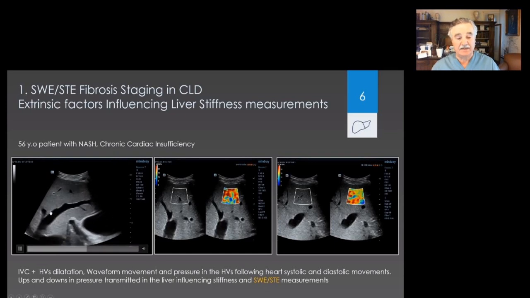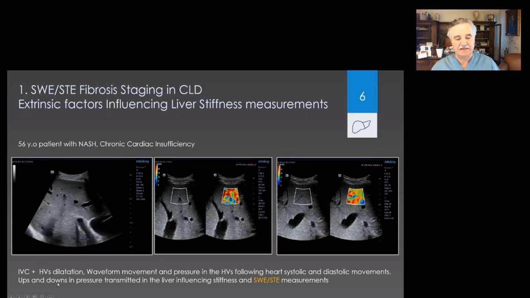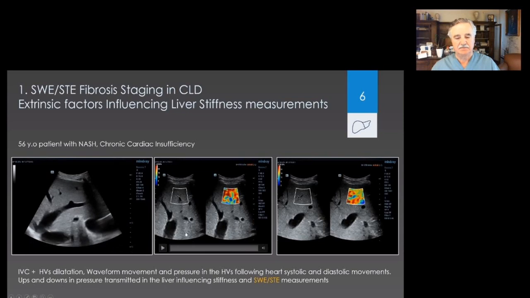That means that because of those alterations in pressure inside the hepatic veins, we have ups and downs in pressure on the liver, influencing stiffness measurements.